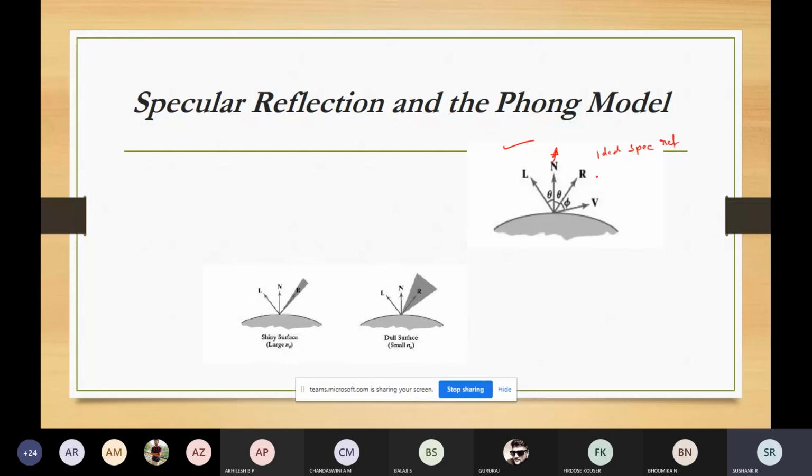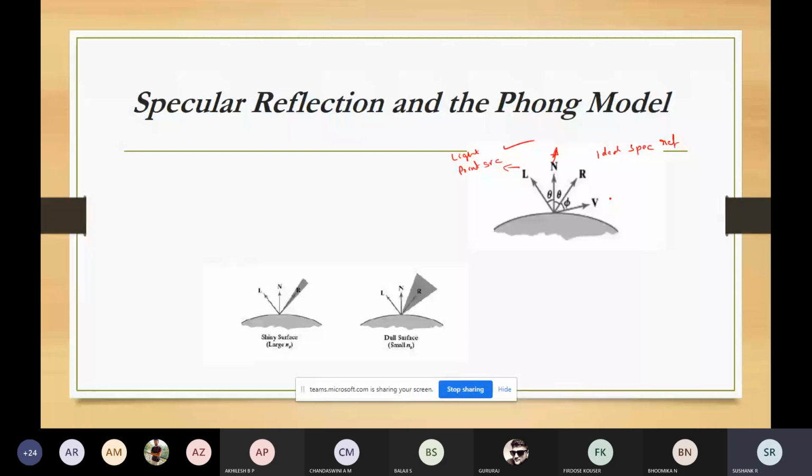And L represents the unit vector towards the point source, that is, towards the light, which is in the form of a point. And this vector V is a unit vector towards the viewer.